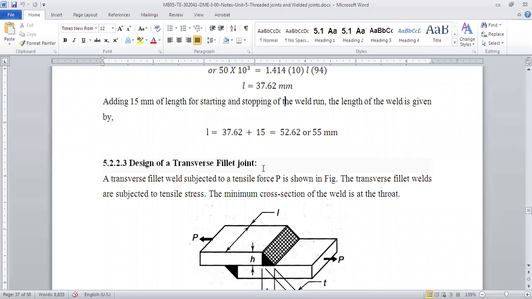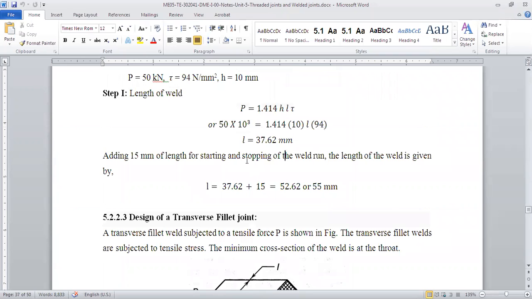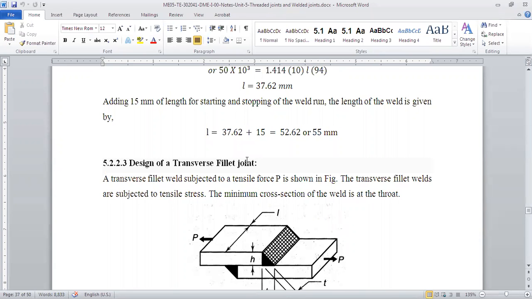So we have seen what is transverse fillet and what is parallel fillet. We tried to understand the basic difference between these two fillet joints. In one, the force is parallel to the plane of the weld, and in the other it is perpendicular.